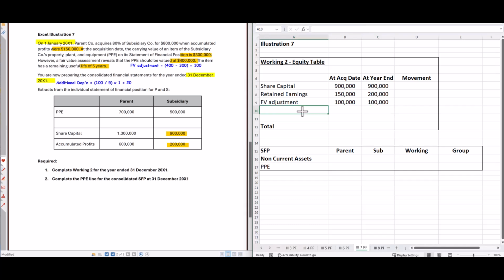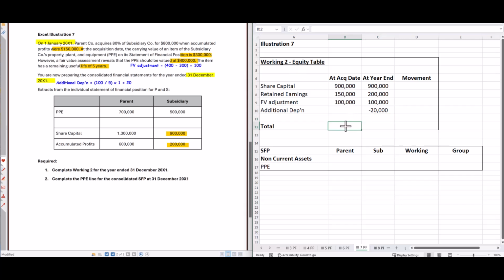Remember, it takes time for that to happen. It won't have happened at the acquisition date. We can only put that in at the year end date. So that's going to be minus 20 there. That's our fair value adjustment.